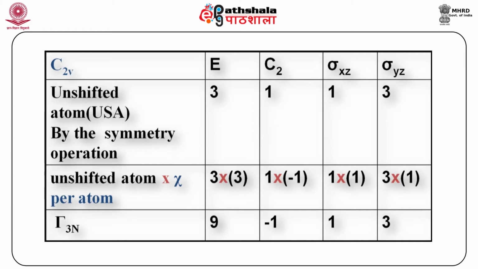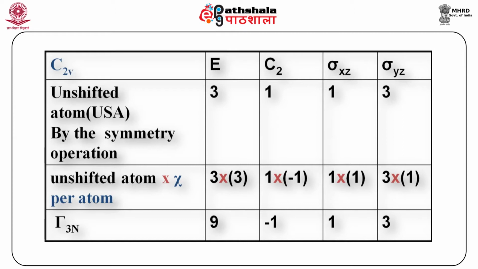Similarly for sigma yz, here 3 atoms are unshifted, and these are multiplied with plus 1. And the net result is 9, minus 1, 1 and 3. This is represented as tau 3n. Tau is the symbol for reducible representation, in which 3n specifies that 3n vectors have been taken as the basis.